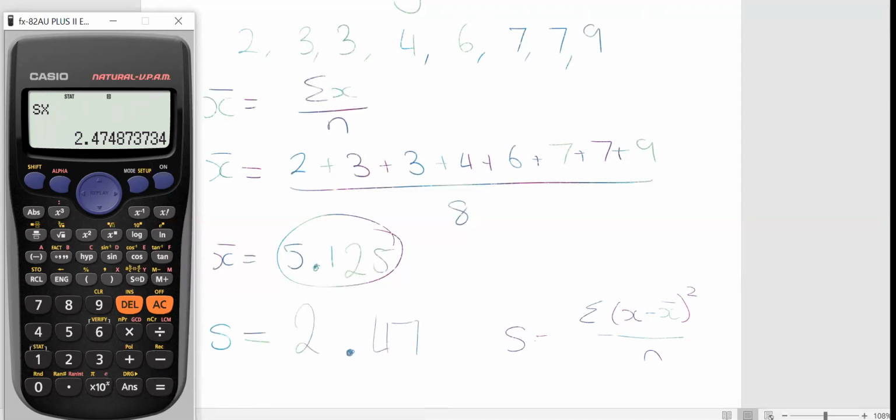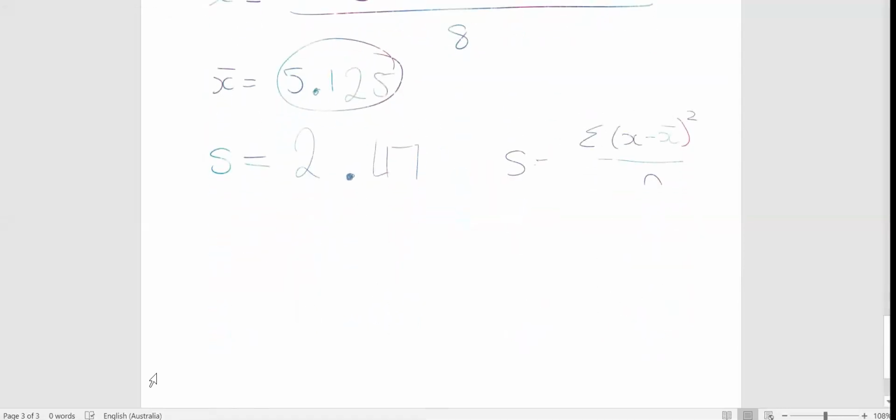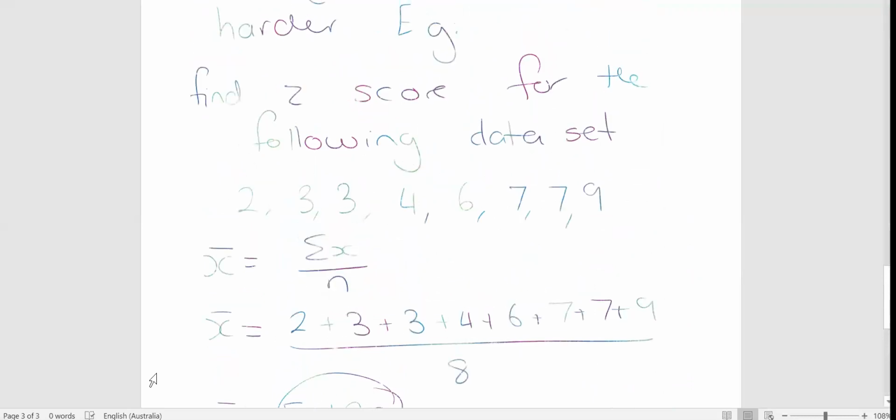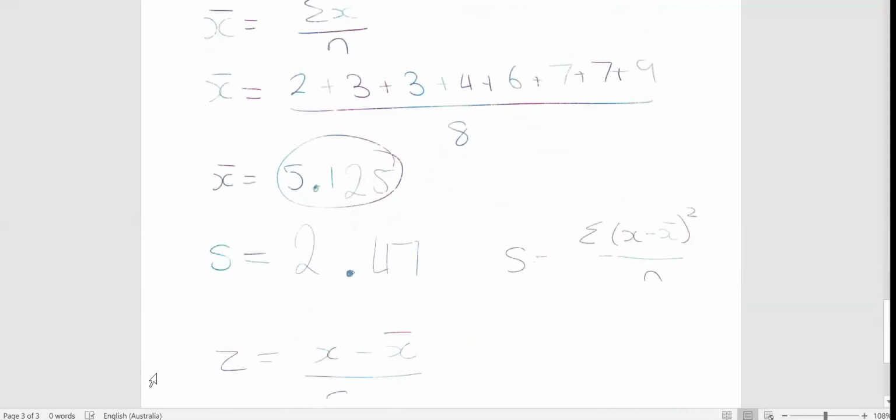Now that we have all the information we require, we can go ahead and plug it into our formula. We know our formula is x minus x bar on S of X. Let's say we want to calculate a z-score for the data point 6 for this data set.